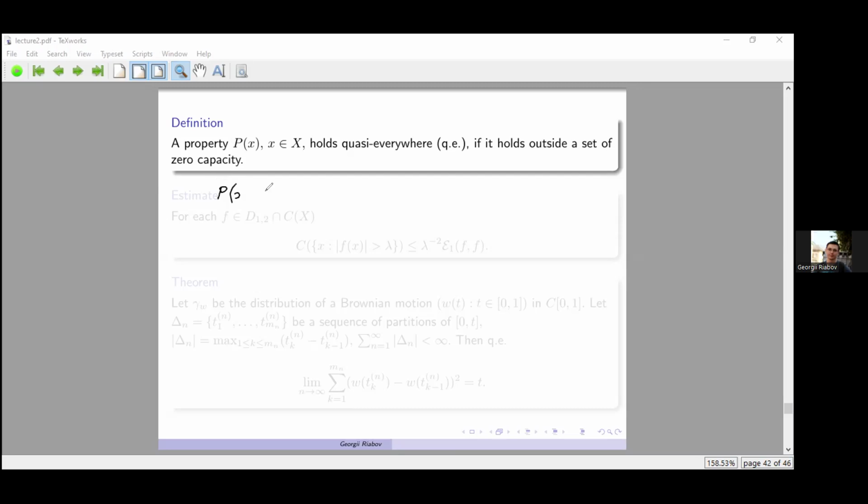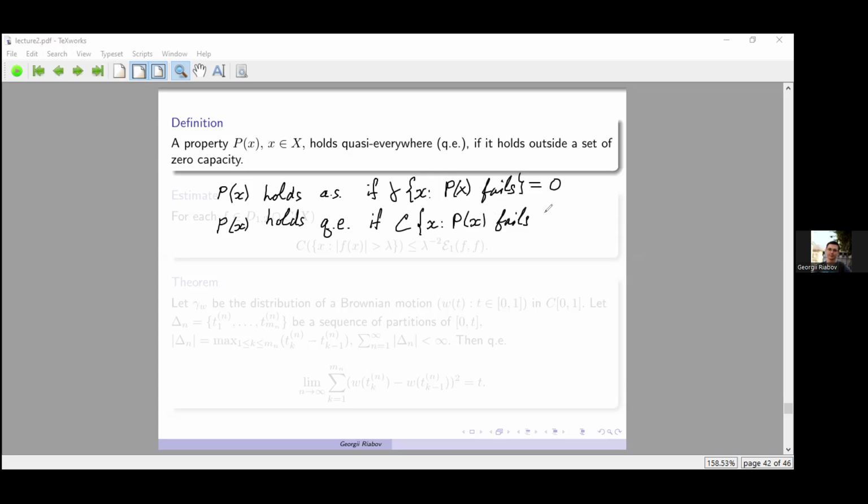We say that P(x) holds almost surely if the set of points where P(x) fails has measure 0, and we say that P(x) holds quasi everywhere if the capacity of the set of points where this property fails is equal to 0.